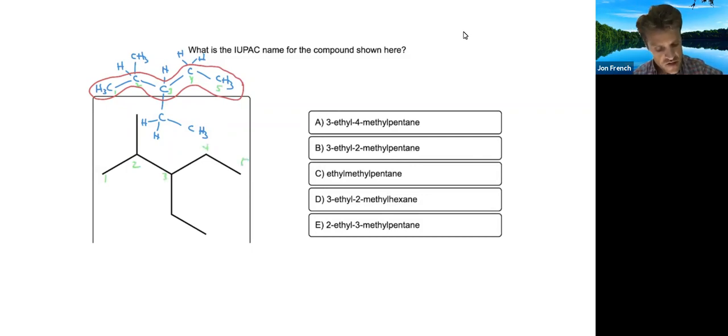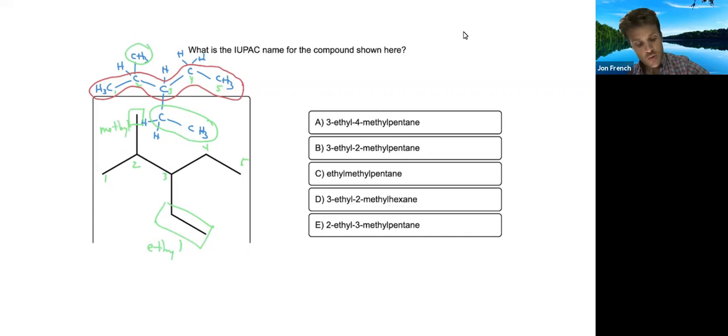Off of this chain, I've got 2 groups. I've got a methyl group and an ethyl group, right? Here is my methyl group, and here would be my ethyl. So putting that all together, we want to put these groups in alphabetical order. So E for ethyl comes before M for methyl.